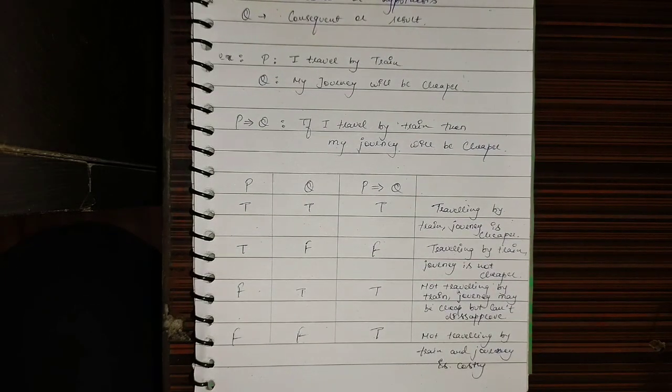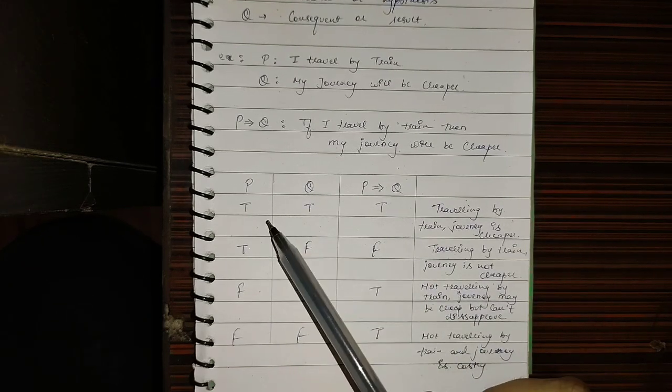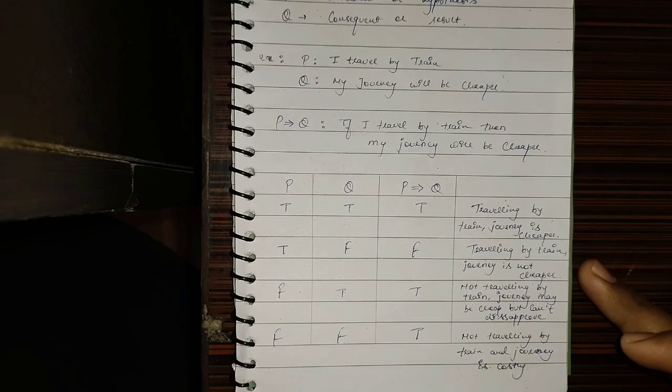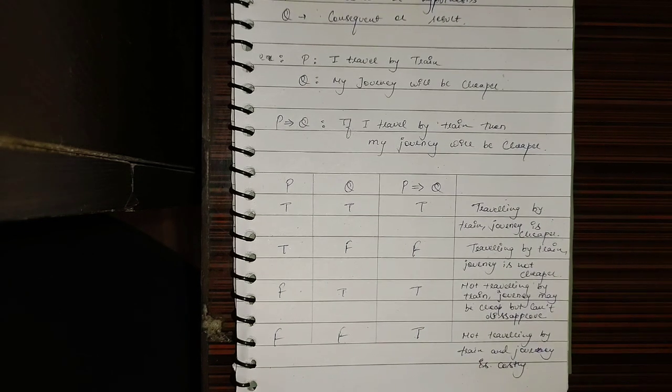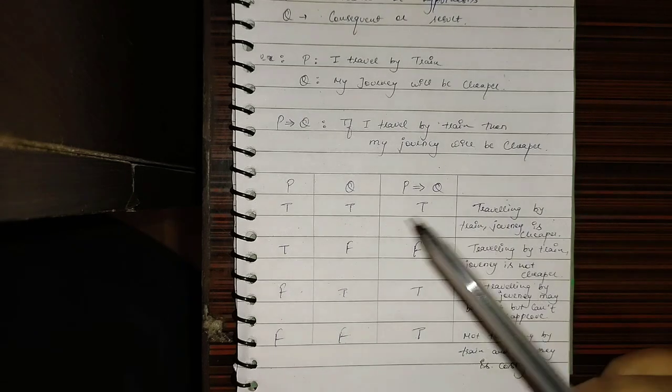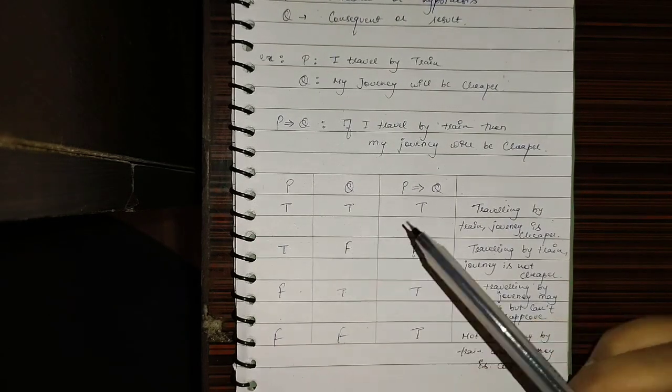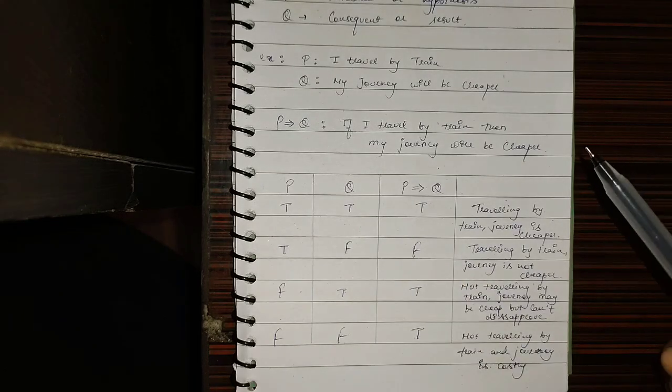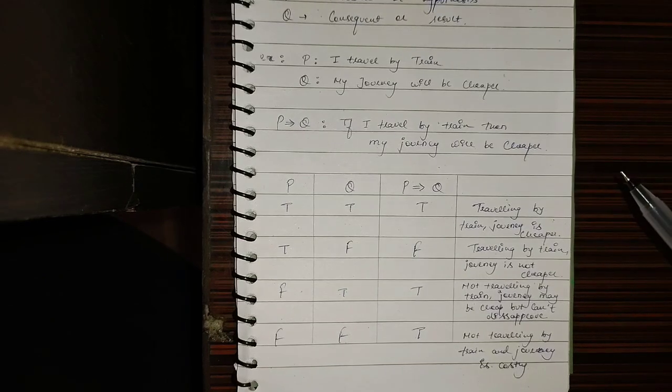So the truth or falsity of P implies Q can be written as: when our hypothesis is true and the conclusion is true as well, meaning when P is true and Q is true as well, then the conditional statement P implies Q will be true.